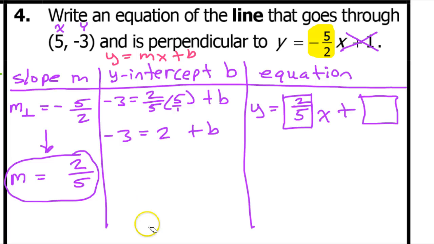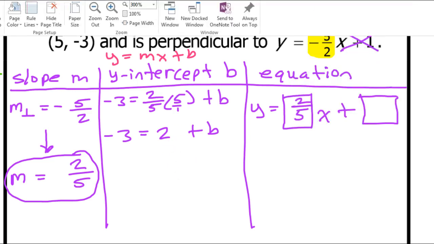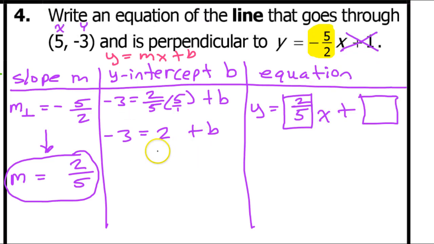Or if you're more a calculator person, then you might have gone 2/5 times 5, and you're going to get 2. But again, the best thing is to see that these 5s cancel each other out, and it will leave the 2. Anyway, we have to get b by itself, so got to subtract 2 from both sides.